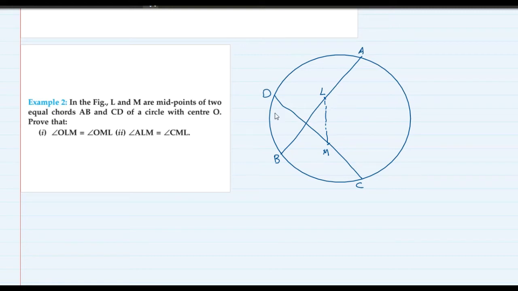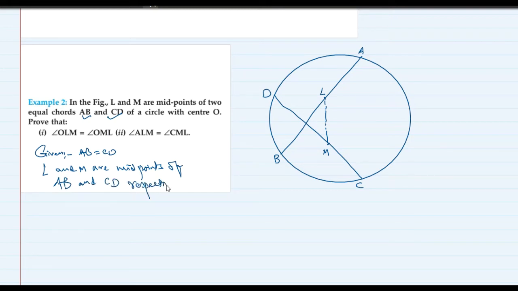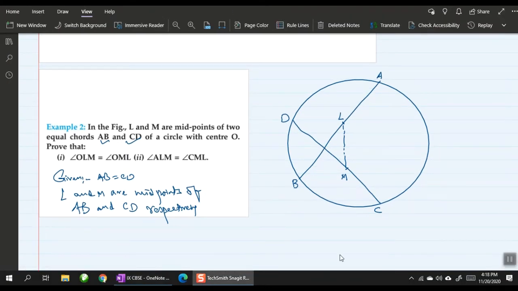Okay, the chords are also equal, that AB is equal to CD, it's given.